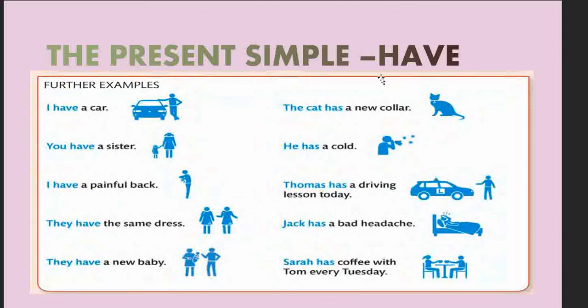The present simple with have. For the examples, I have a car, you have a sister, I have a painful back, they have the same dress, they have a new baby, the cat has a new collar, he has a cold, Thomas has a driving lesson today, Jack has a bad headache, Sarah has coffee with Tom every Tuesday.